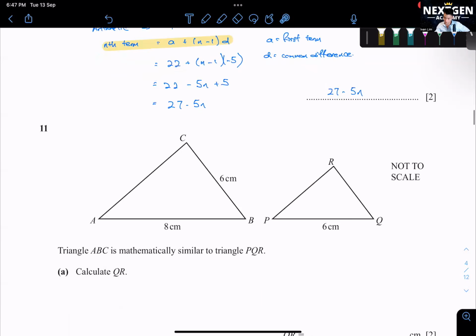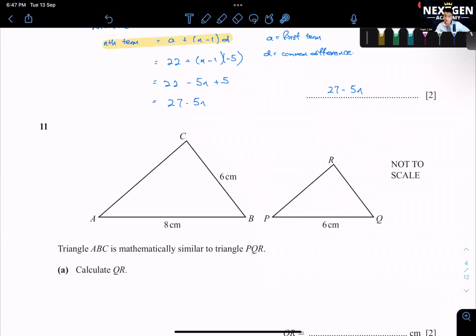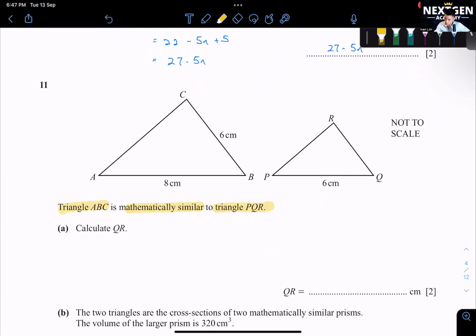Okay, question 11. Calculate QR. They say both of these are mathematically similar. Triangle ABC and PQR are mathematically similar. Calculate QR. So what you need to know is that this side and this side, which we compare, are the same.